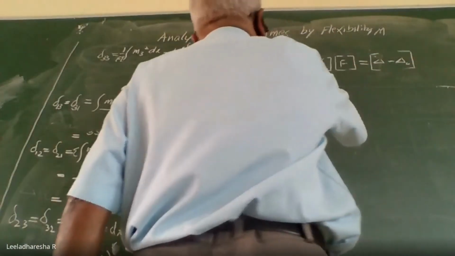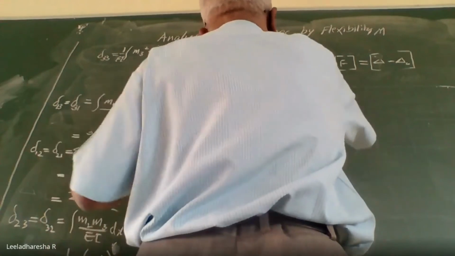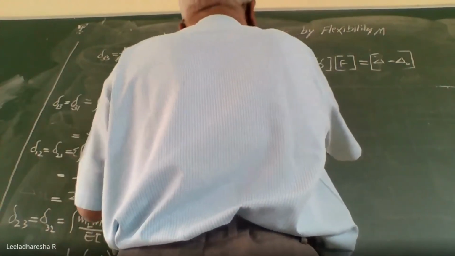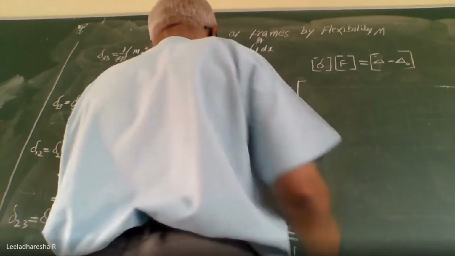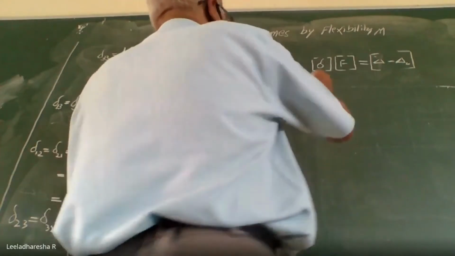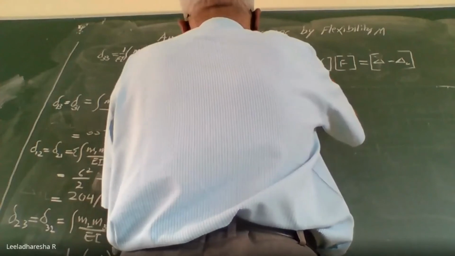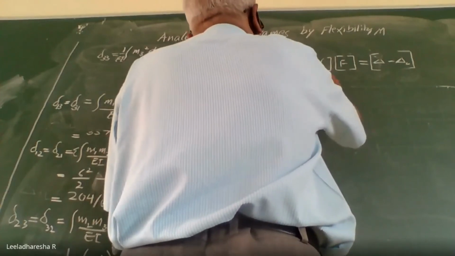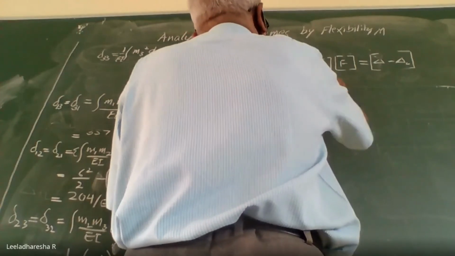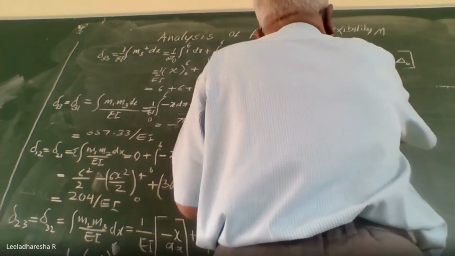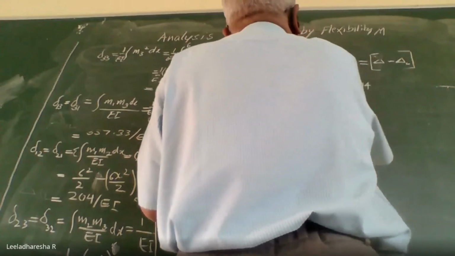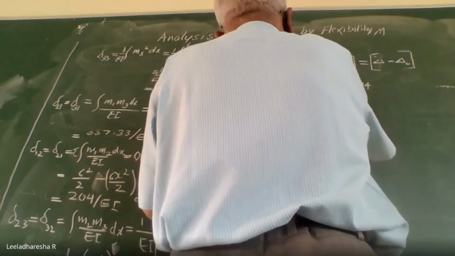So you can substitute all the elements. You can keep 1 by EI once again outside instead of writing all the time. 1 by EI, delta 11 is 357.33, delta 12 is 204. Similarly, delta 21 is also 204.